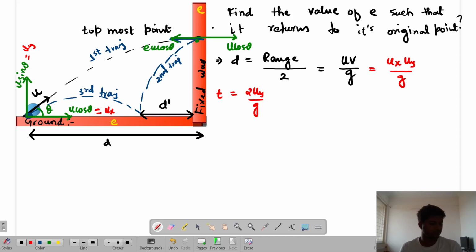Is that clear? Now look over there. When I'm moving d dash, d dash is the same part which is left for half of the time of flight, because half of the time of flight is absorbed in the first trajectory. So the first trajectory takes half of the time of flight.